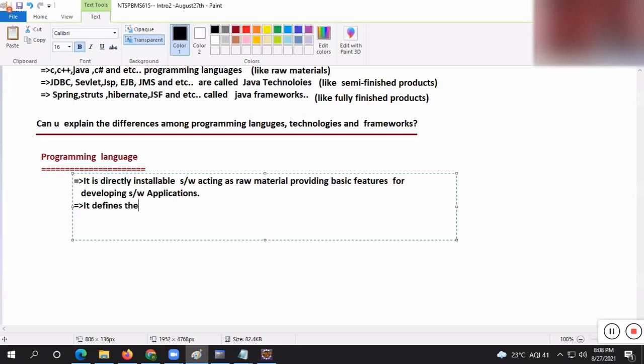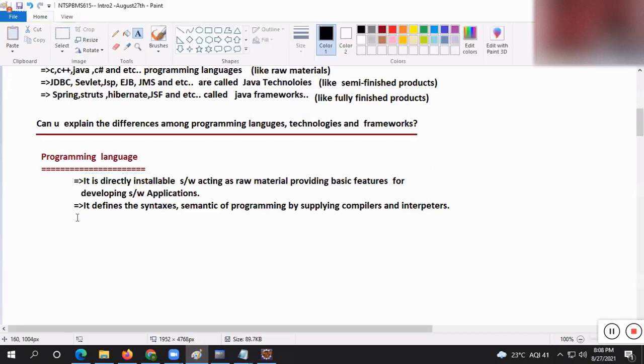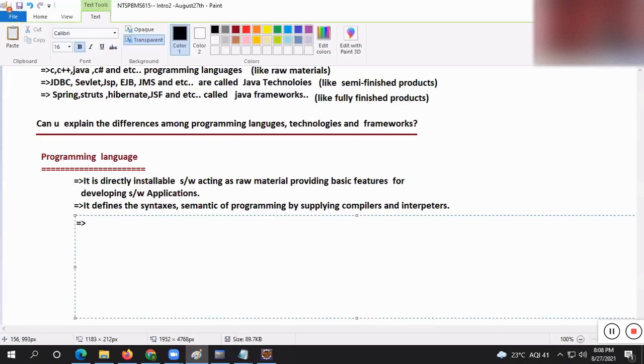It defines the syntaxes, semantics of programming by supplying compilers and interpreters. Are you getting my point there, guys? Next. Okay.